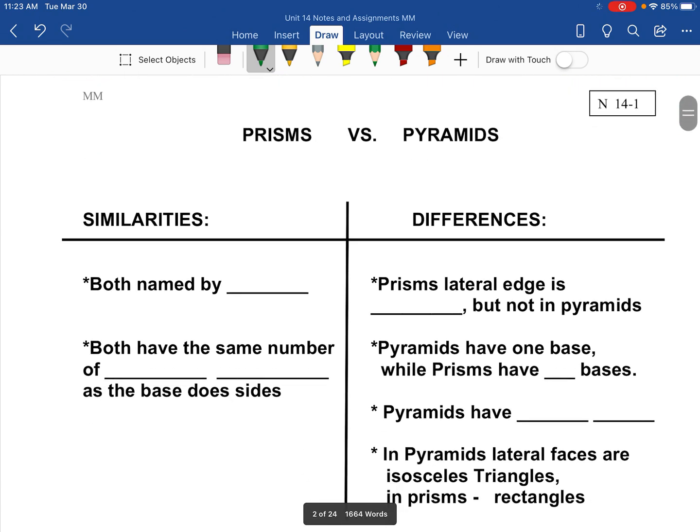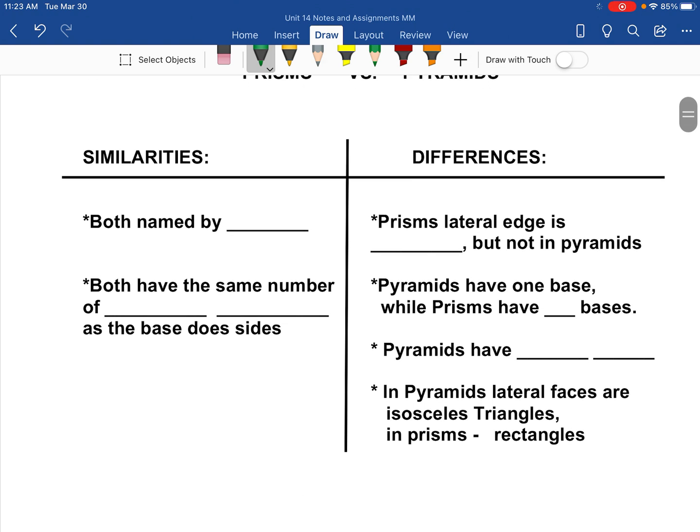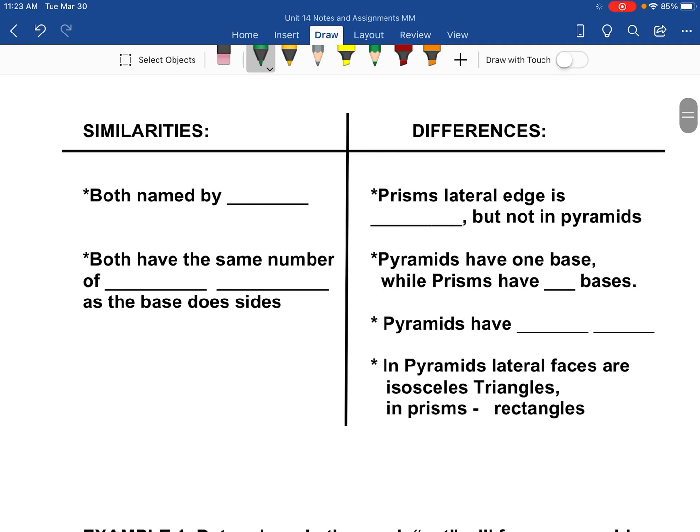All right, let's do some comparing. So we have prisms versus pyramids. There are some similarities. We name both of them by the base. Whatever the base is, that's the name.